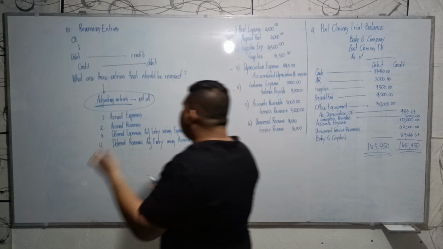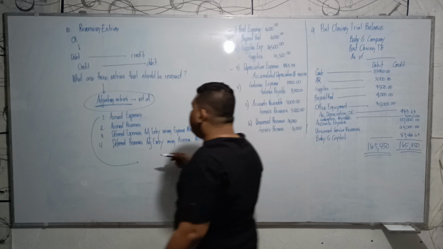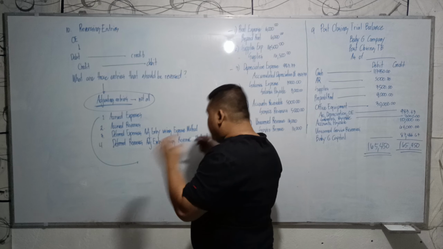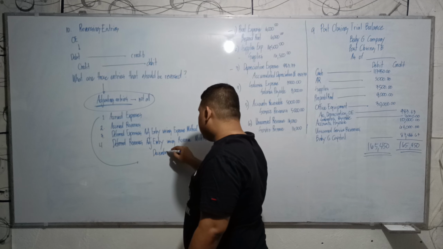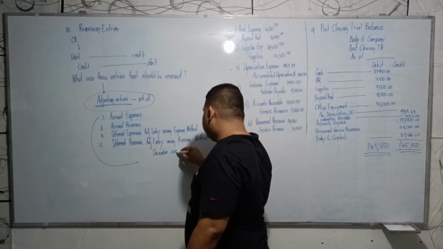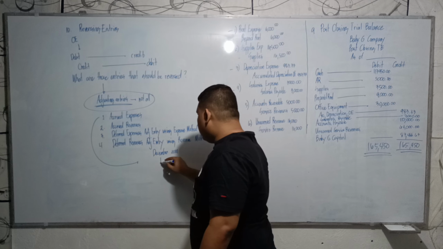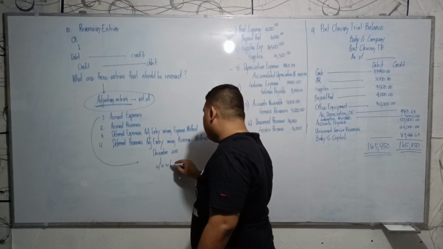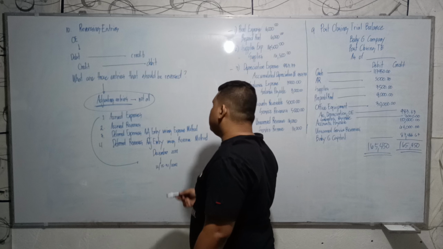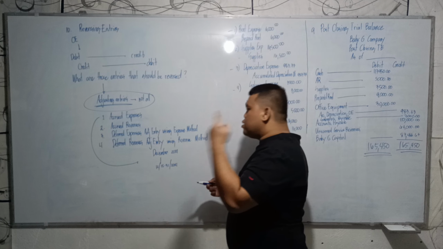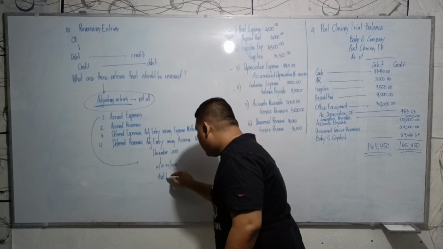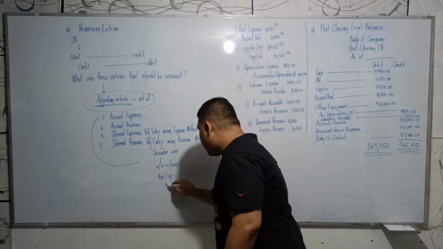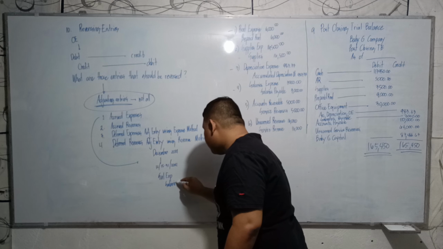For example, on accrued expenses, if on December of 20x1, the period December 15 to 31 was not yet paid, you have to have an accrued expenses adjustment, right? Like for example, salaries expense and then salaries payable.